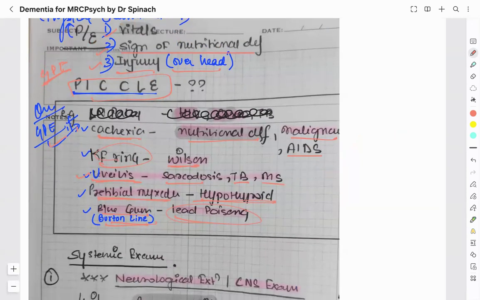I actually crossed this out because I was not able to understand it. What is this? Is this lymph node, lymphadenopathy, or is it lower neuron? Can you please move the cursor or round it off? Can you see it now?